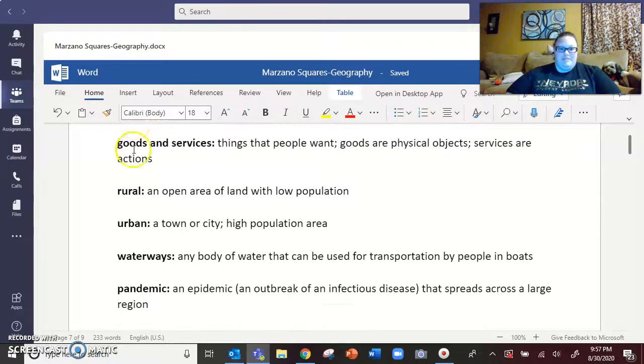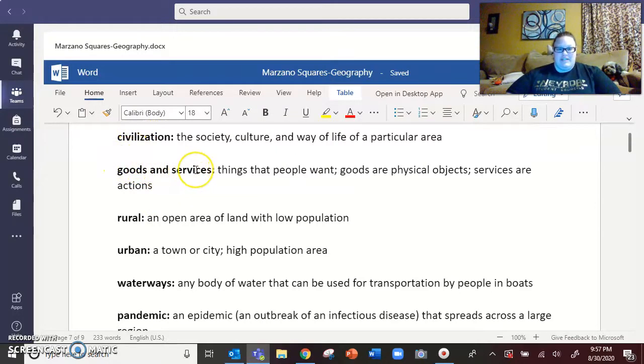Our next term, goods and services. Now I know this is 2 words, but they usually go together. So I say, you say, goods and services. Thank you. Goods and services are things that people want, plain and simple. So goods are physical objects like, say, shoes or purses or tables or cars.